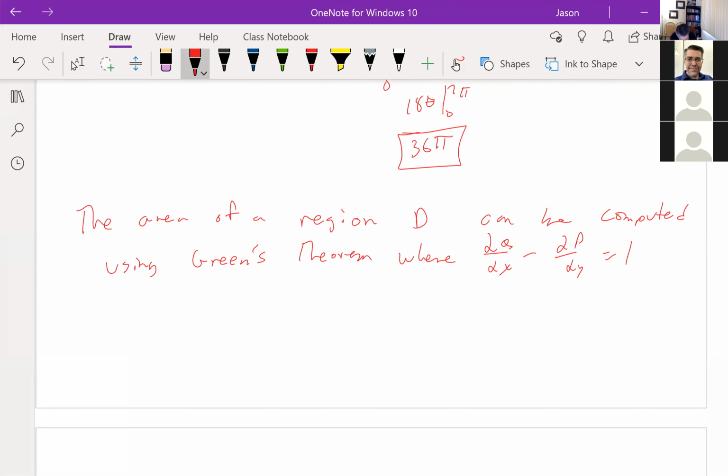If I let that equal 1, okay, so thus what we're saying is that the double integral of 1 dA is just equal to A.